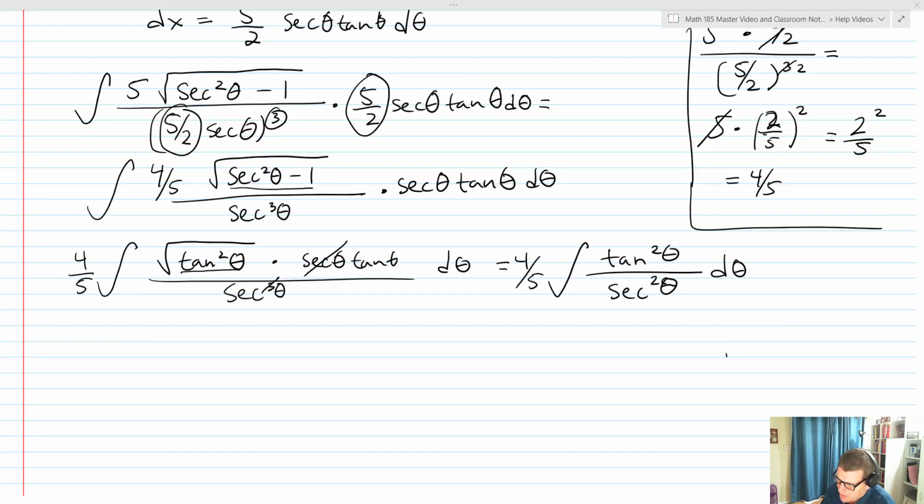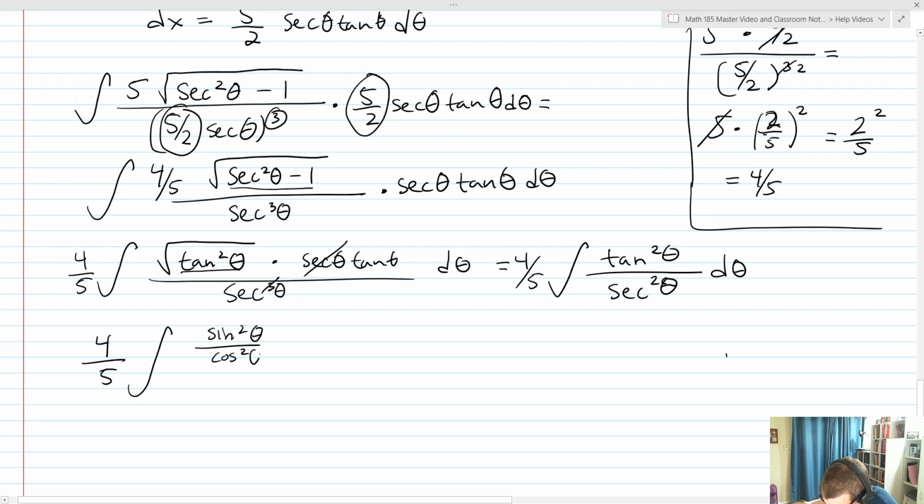Now what I want to do is simplify this. So I'm going to get 4/5 times the integral. Tan squared theta is going to be sine squared theta over cosine squared theta divided by, and secant squared theta is going to be 1 over cosine squared theta d theta.